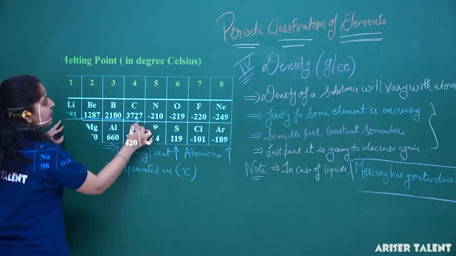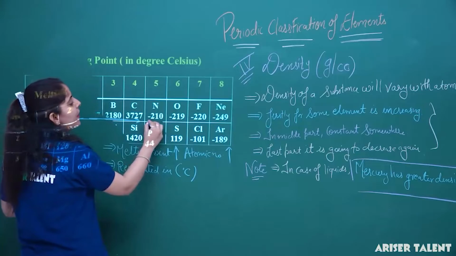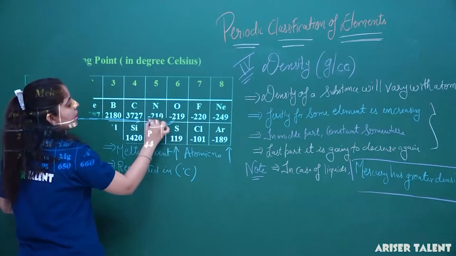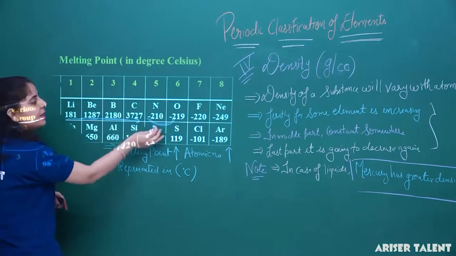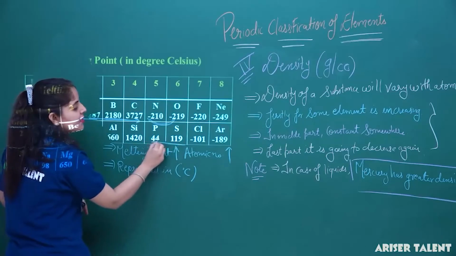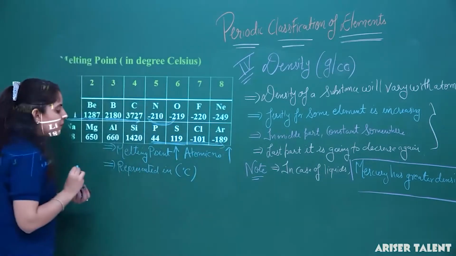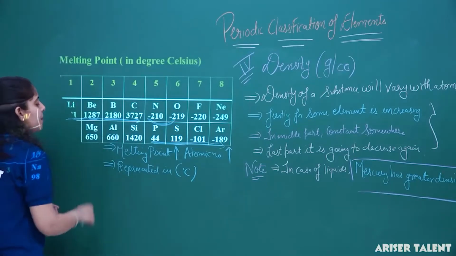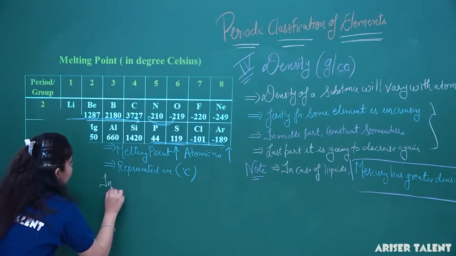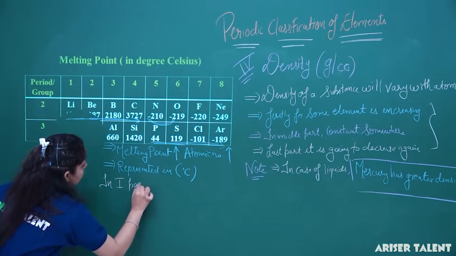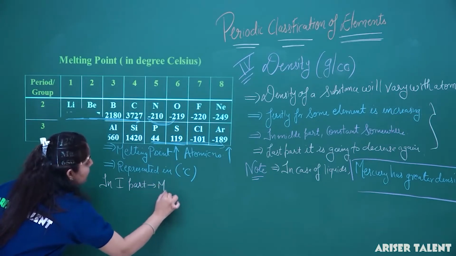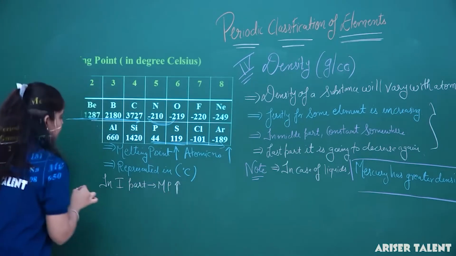Firstly it is increasing, then after it will become constant here. It is constant here, then again it will show a gradual decrease. See here, it is again decreasing. So what we have observed, the trend in the case of the melting and boiling point: in the first part, melting point is going to increase.